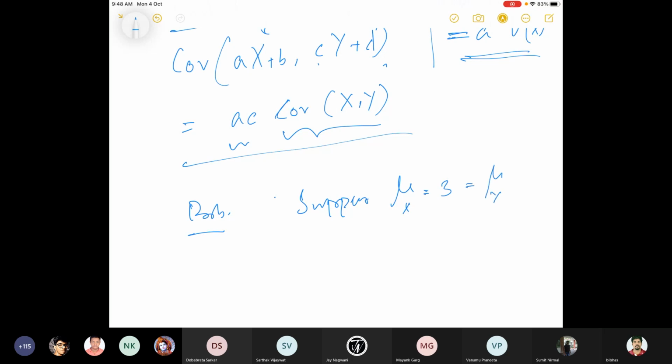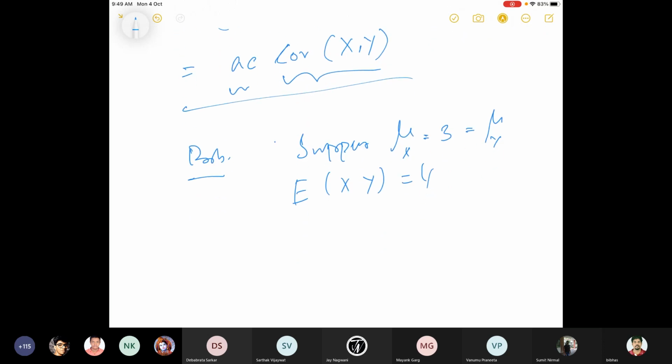Okay, and let's say E of XY is also given something, let's say 4. Then you are asked to calculate what is the covariance of 2X plus 10 and minus 5 by 2 Y plus 3. Okay, so you can use the formula and find out its value. A typical kind of problem.